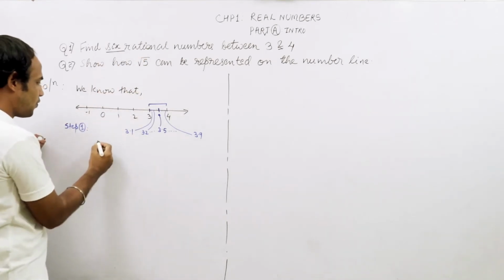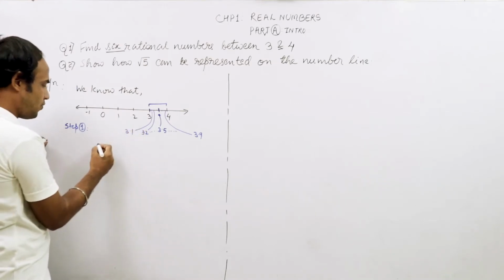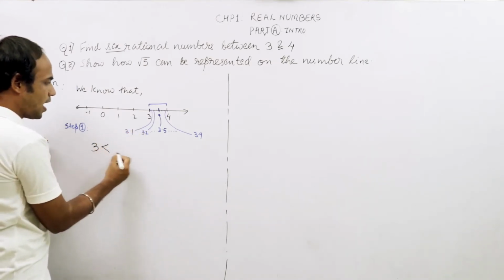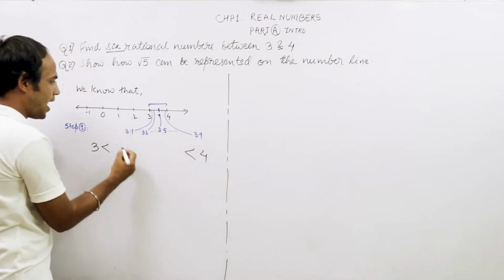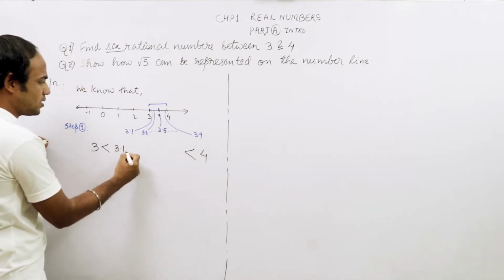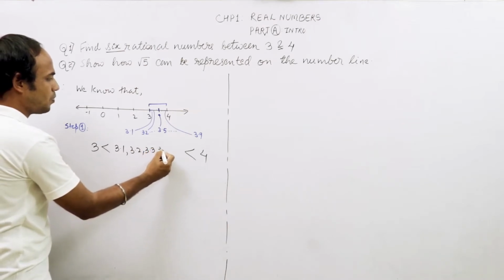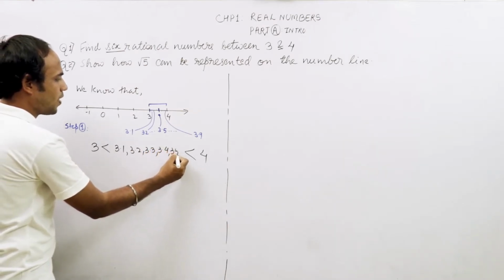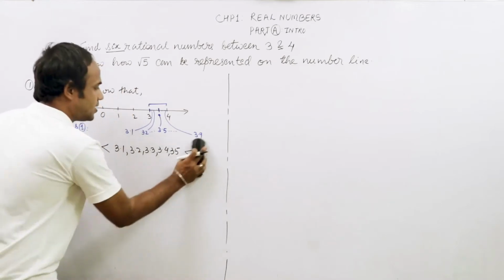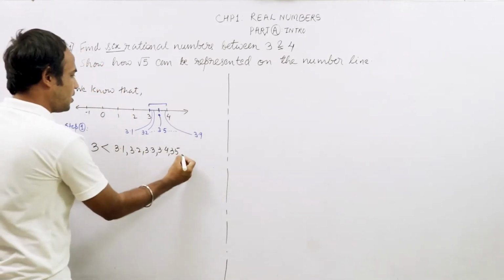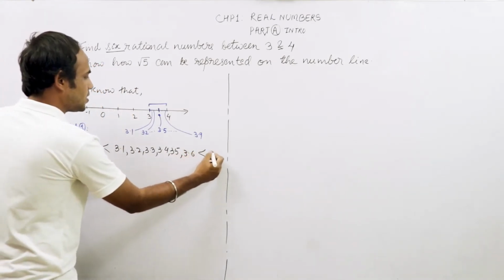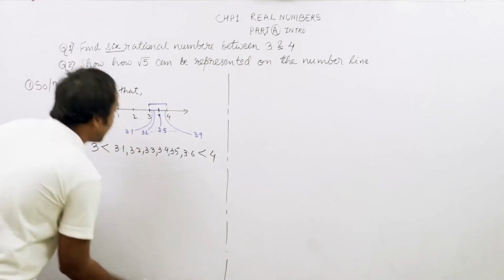6. So therefore, between 3 and 4, we have 3.1 in order, 3.2, 3.3, 3.4, 3.5, and 3.6, which is less than 4. So they are in between, right?